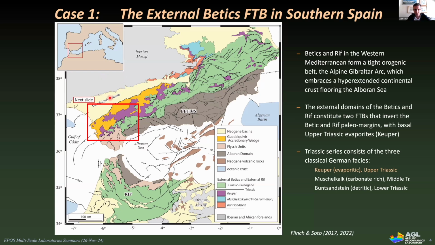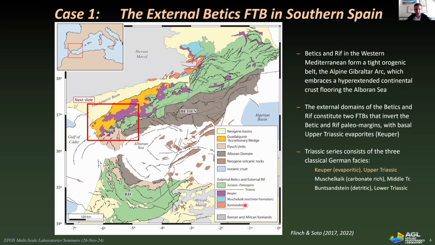In this region, we have the classical three phases of the Triassic. We have the Keuper, which is Upper Triassic and evaporitic. We have the Muschelkalk, the middle Triassic, which is carbonate rich, and we have the Buntsandstein, the lower Triassic, which is more detritic.